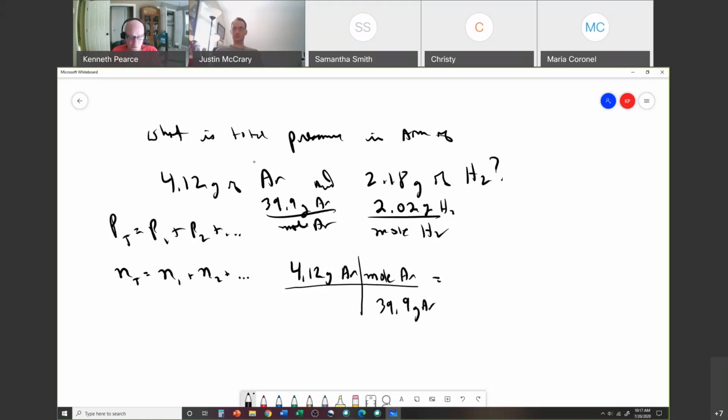Put that in our calculator. Let's see, 4.12 divided by 39.9, and I get 0.103, and I'm going to go out one extra just for rounding purposes. So I'm not going to do sig figs till the very end. At the very end, I want 3 sig figs.